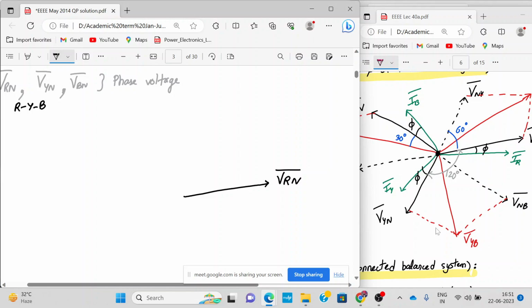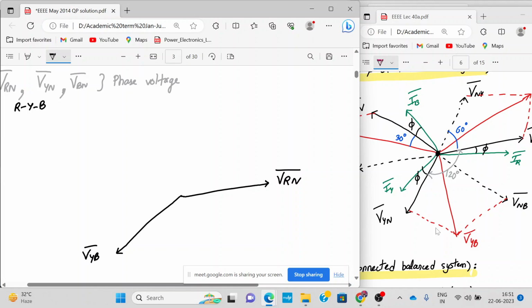Next, what will you draw? VYN. If you have a protractor, take 120 degrees from here and draw another line. Let me redraw it. Take 120 degrees from here. I am drawing it approximately. So this will be VYN.